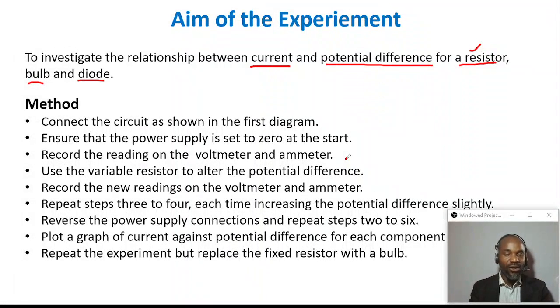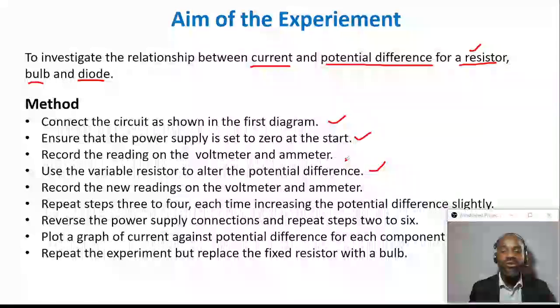When that is done, we use the variable resistor to adjust, to alter the potential difference. Variable resistor is there to adjust the value of the potential difference. That's the step we are talking about. So we have taken care of this. We have discussed this.